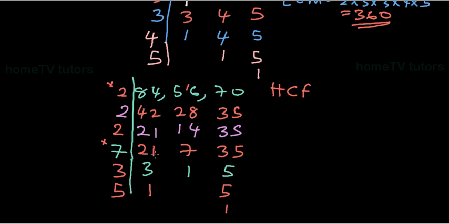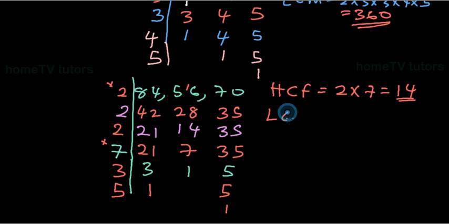You can see 7 in 21 is 3, 7 in 7 is 1, 7 in 35 is 5. So this is the only 2 stages where we have 2 dividing through and 7 dividing through. So 2 times 7, which is 14, is the HCF of 84, 56 and 70.